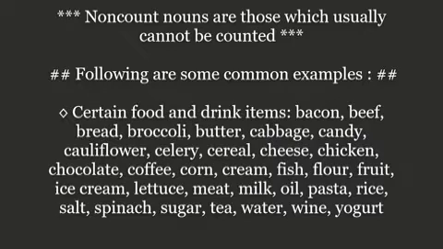Certain food and drink items like bacon, beef, bread, broccoli, butter, cabbage, candy, cauliflower, celery, cereal, cheese, chicken, chocolate, coffee, corn, cream, fish, flour, fruit, ice cream, lettuce, meat, milk, oil, pasta, rice, salt, spinach, sugar, tea, water, wine, yogurt.